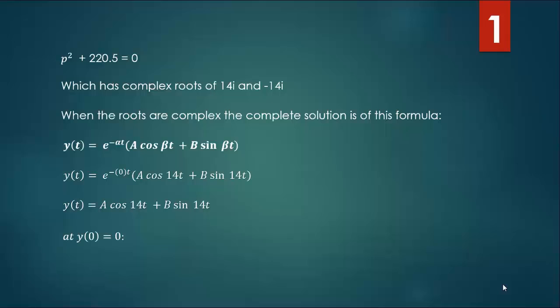And to find the values of a and b, we must first replace the initial conditions in the equation. At t equals 0, y equals 0, meaning 0 is just equal to a plus 0, therefore a equals 0.